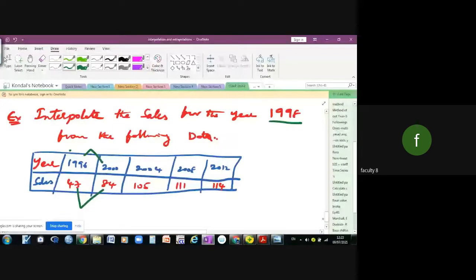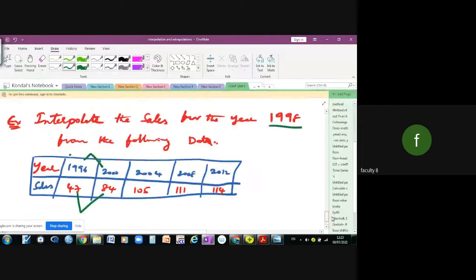Okay. So here, as per this Newton forward method, the formula is there.